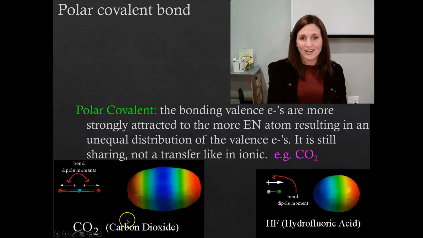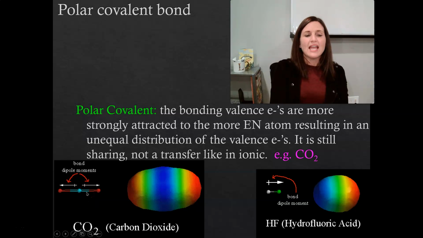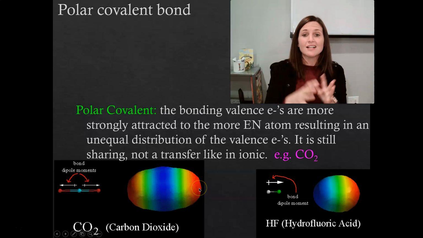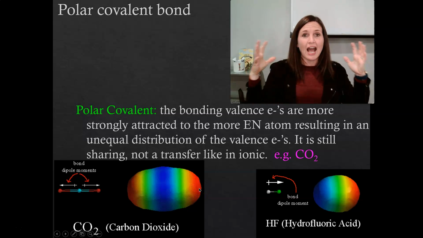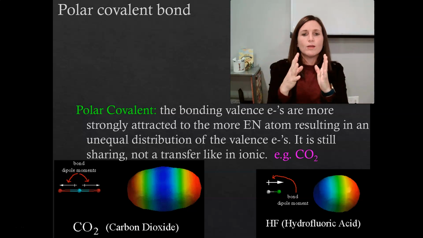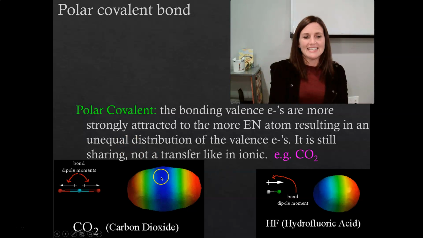This is another space-filling model of an atom. So what's inside of this little egg here is carbon dioxide. So a carbon in the center and two oxygens on the outside. And so what we see is that the oxygens are the hot heat, right? The oxygens have the electron on the outside, where the carbon in the middle is icy cold.